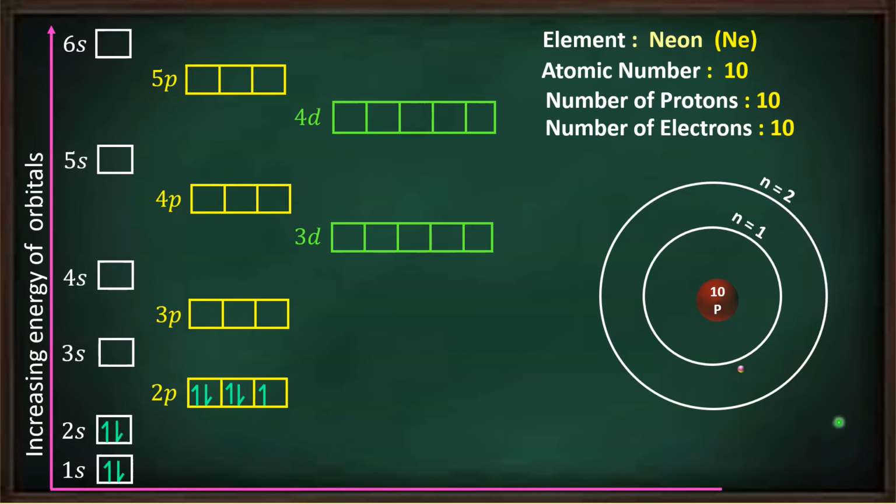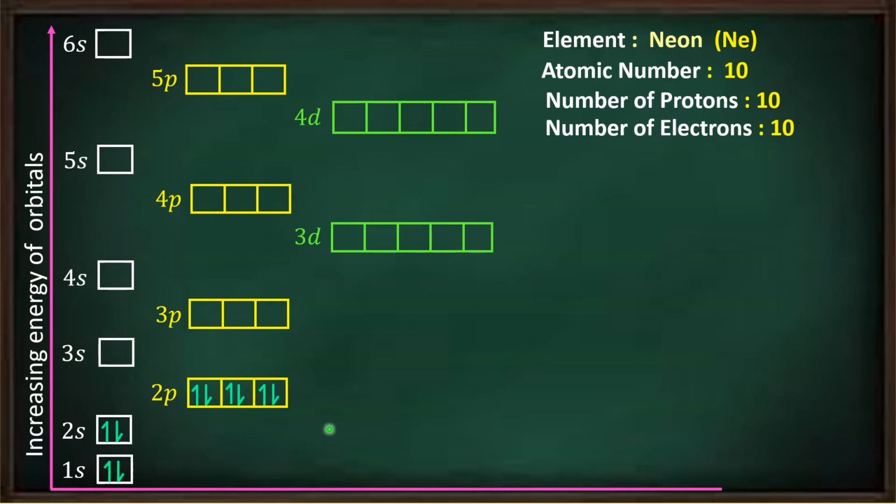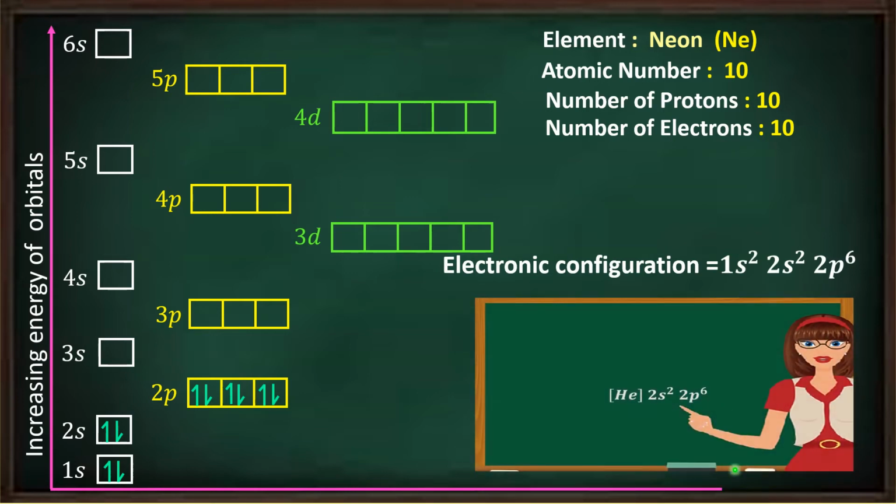Finally, the last electron pairs up with this electron. Okay, so totally we have 10 electrons distributed into the various orbitals. So the electronic configuration of neon is 1s2, 2s2, 2p6. Or we can write it as helium 2s2, 2p6.